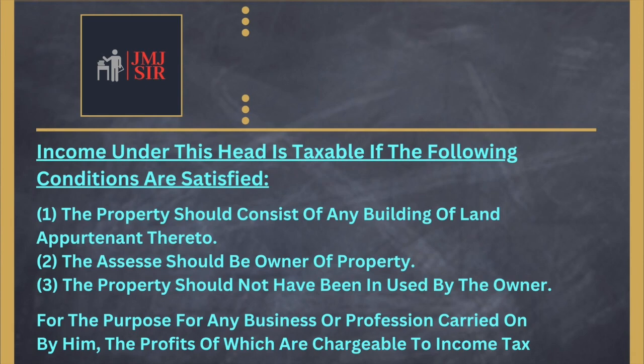Another important condition is that the property should not have been used by the owner for the business or the profession which is carried on by him, and the profit of such business is chargeable to income tax.